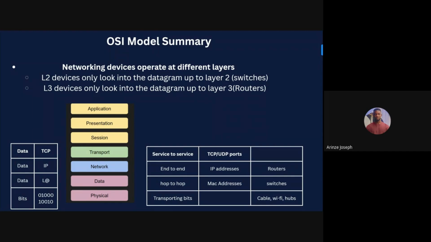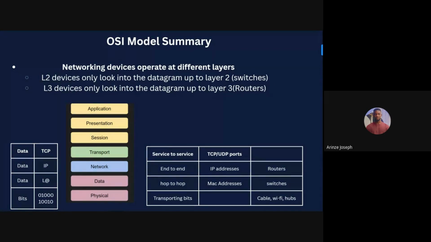Then the data link layer, which is layer 2, uses MAC address as its address system, and handles hop-to-hop delivery.